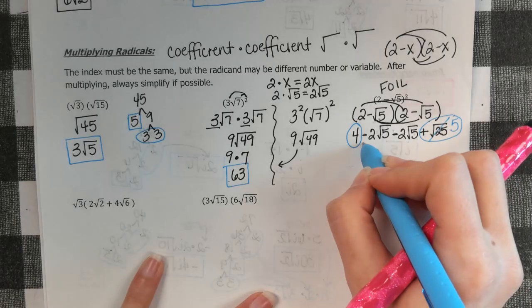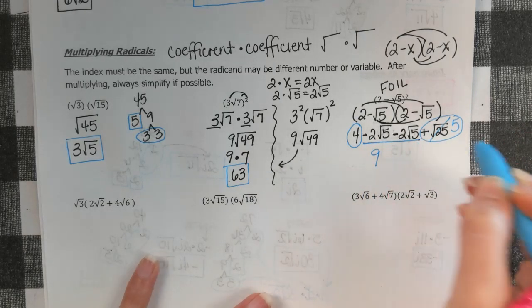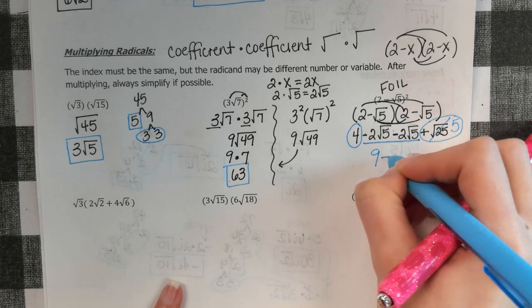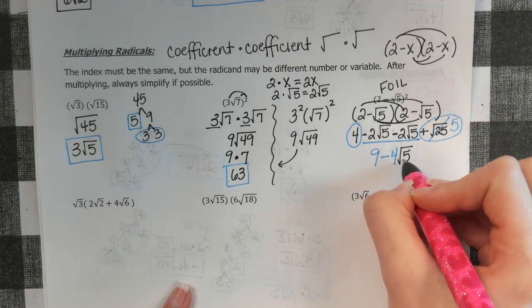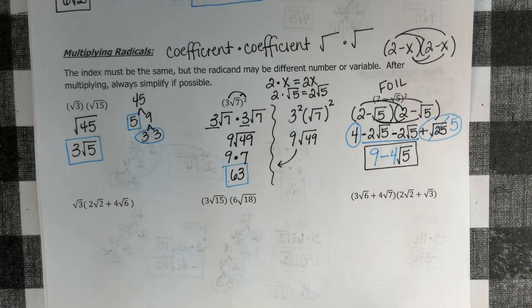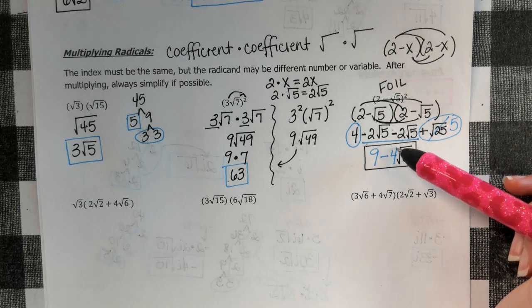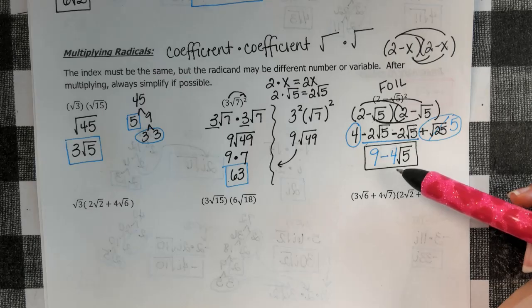And then I've got negative 2 square root of 5 minus 2 square root of 5. Those are like terms. So I do my coefficients. Negative 2 minus 2 is negative 4 square root of 5. So you multiply in your first step, and then you combine by adding and subtracting for the second step. You understand that? Okay.